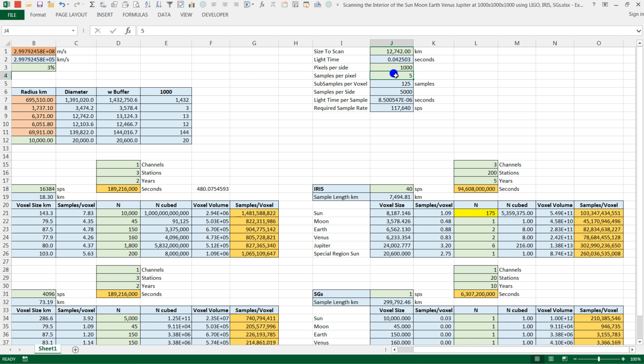I'm going to use redundancy in here, so I'm going to combine those. So I can roughly collect and display 1,000 per side. That's a billion pixels in a volume.